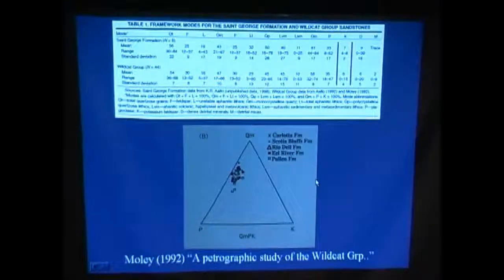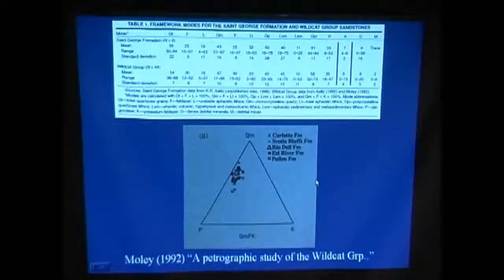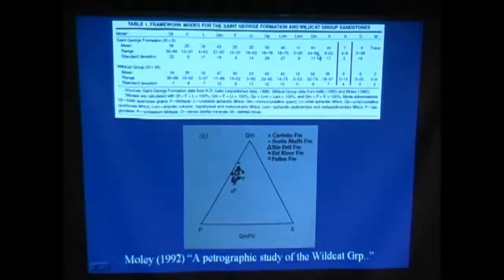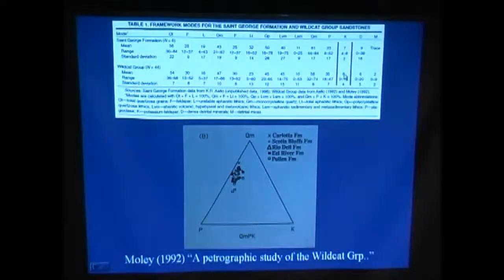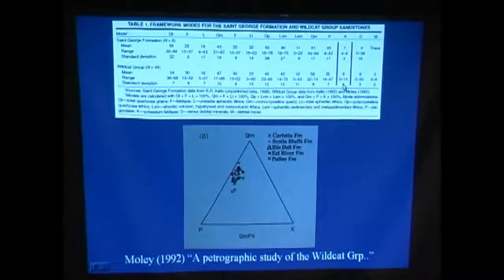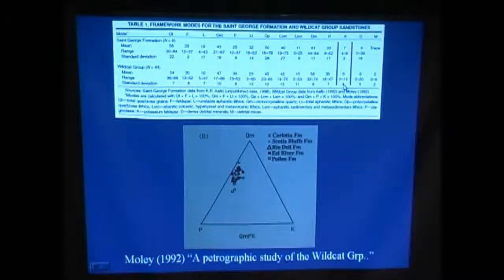Well, another grad student of mine, Kathy Moley, did her master's on the sandstone composition in the Wildcat group, and I did work on the St. George Formation. And basically what we found in both of the units was there was too much potassium feldspar to be accounted for by local derivation from either the Klamath Mountains or the Coast Ranges.